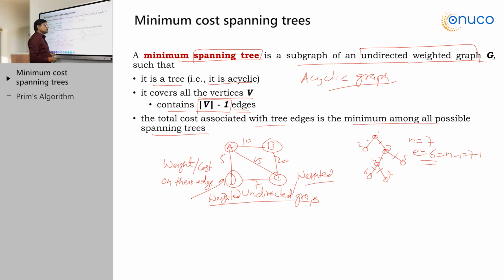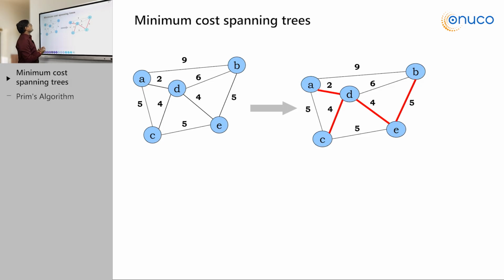The point to be noted is that the difference from an undirected graph is that in an undirected weighted graph there is a weight on the edge but no direction on the edge. This kind of graph you are going to use for our purpose. Let us take an example. Which kind of graph is it? Do you have any direction on the edges? No, there is no direction. Hence it is an undirected graph. Do you have weight on the edges? Yes. Hence it is an undirected weighted graph.